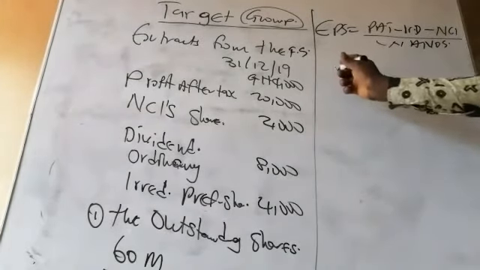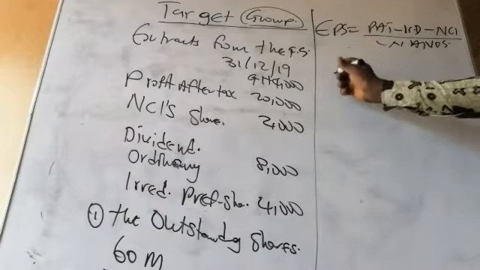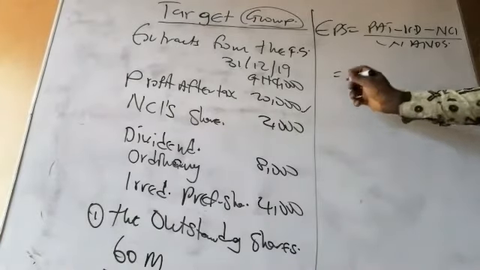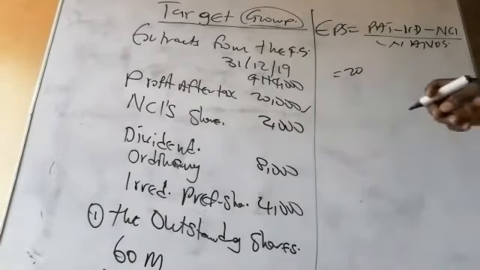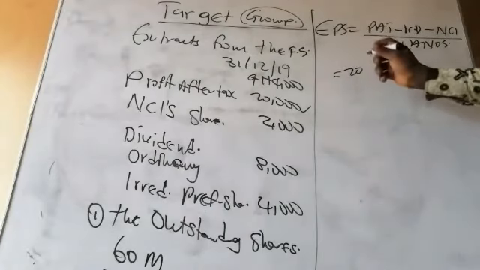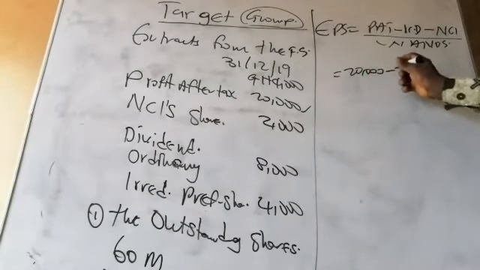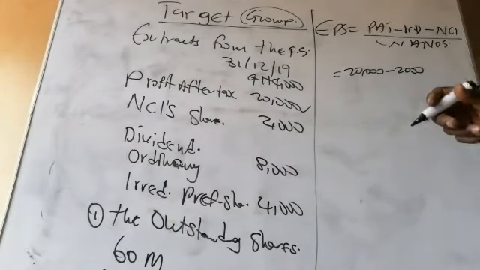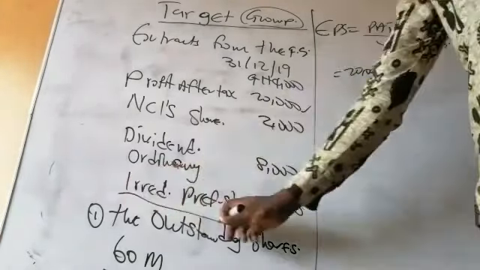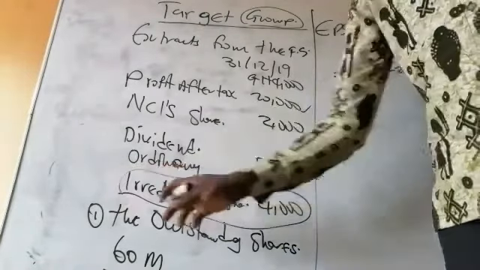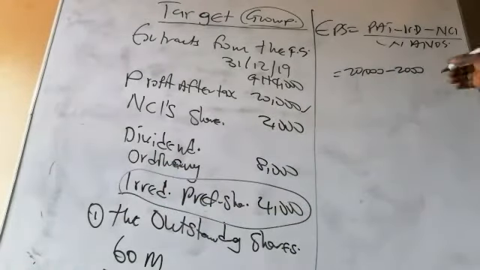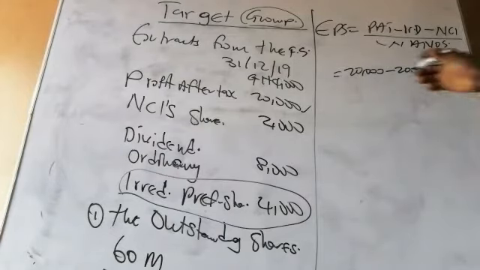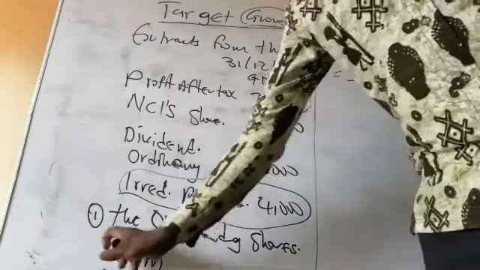I'll tell the examiner that this is equal to: profit after tax, 20,000, less 2,000, right? Less the irredeemable preference dividend. Here, ordinary dividend will not be taken into consideration. So less the 4,000.